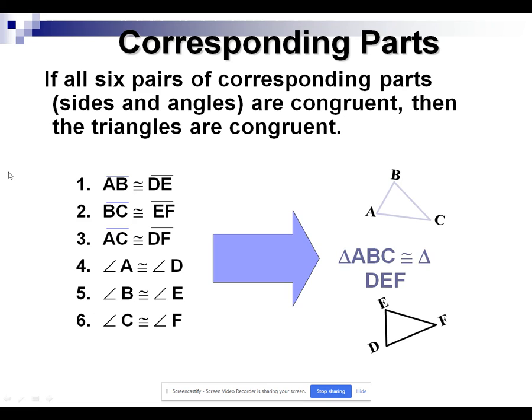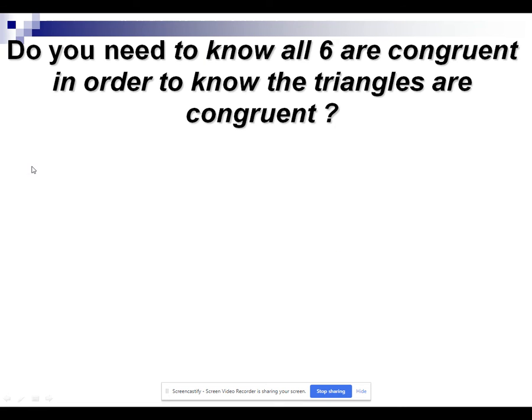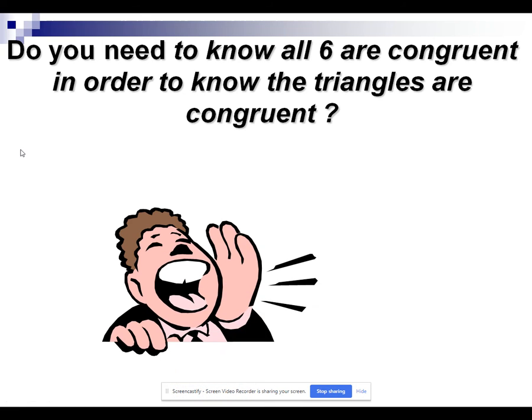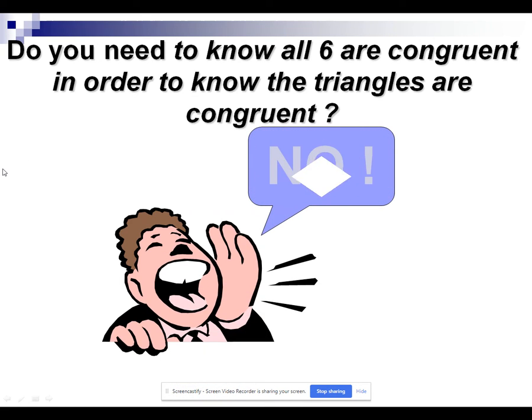Now, the question is, do you need to know all 6 sides and angles are congruent in order to state that the triangle is congruent? And the answer to that would be no, you don't. There's a special list that you can look at, and it'll tell you whether they're congruent or not.